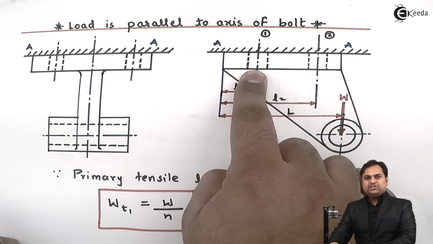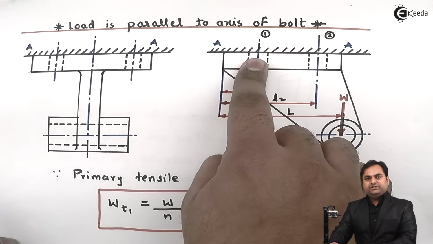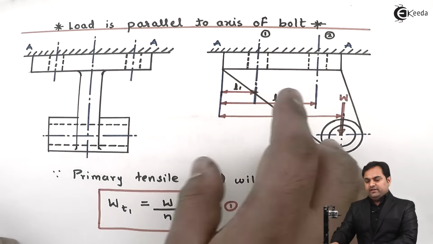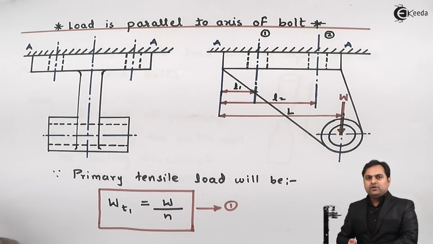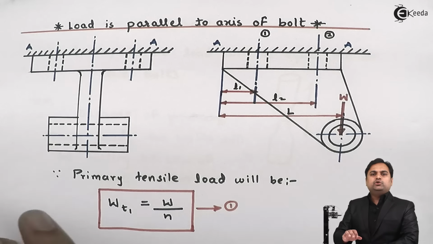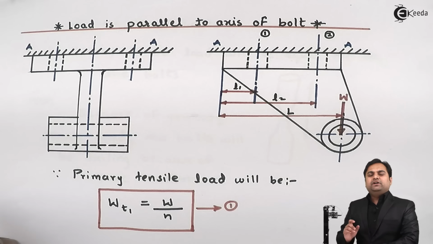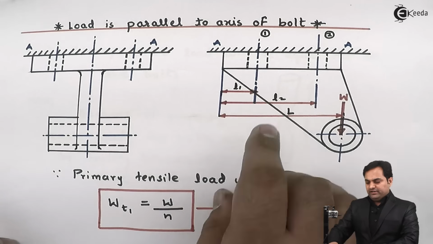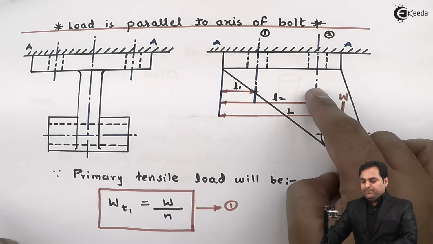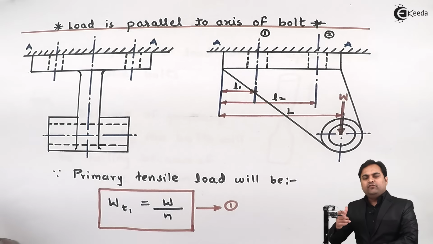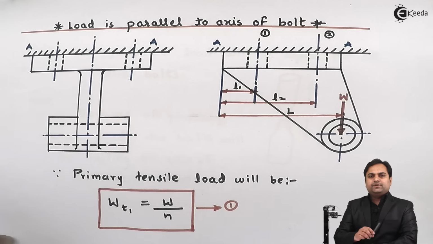One of the bolts which are stronger would be in contact with the tilting edge, whereas the other bolts will try to come out, and finally these bolts would be stretched so much that they would be failing. So this is the effect of secondary tensile load, that all the bolts would not fail at the same time, but those bolts which are stronger will remain in contact, or we can say they will deform less as compared to the bolts which are moving continuously and are in tension.